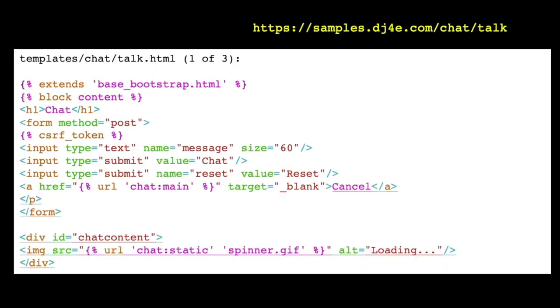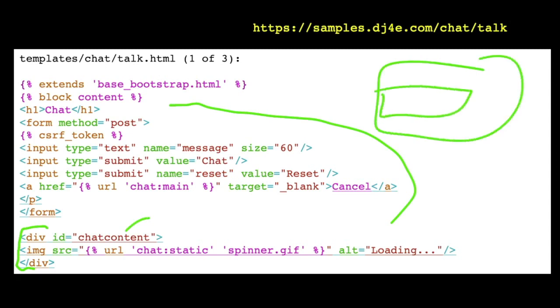The interesting part is in the template, and so we have a bunch of stuff in the template. This part here is pretty straightforward. We have that form at the top, and we've got leaving, we've got reset, we've got a chat button, we're going to post back in, and then we have this chat content, and that's important because the chat content is that part on the screen that we're going to replace over and over and over again.